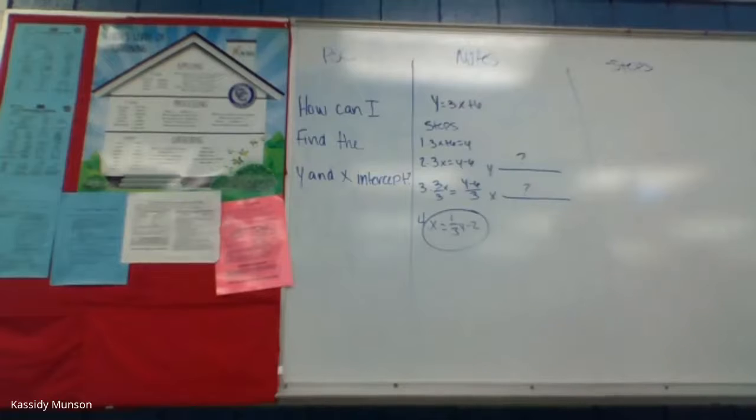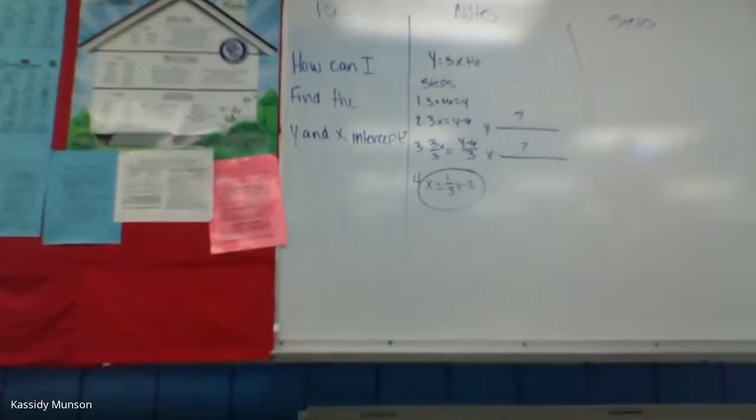My current POC is how can I find the Y and X intercept? What I know about it is that you have to determine where it is on the graph, and you need to replace the highlight in there.